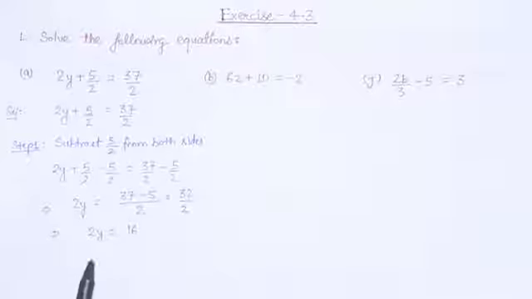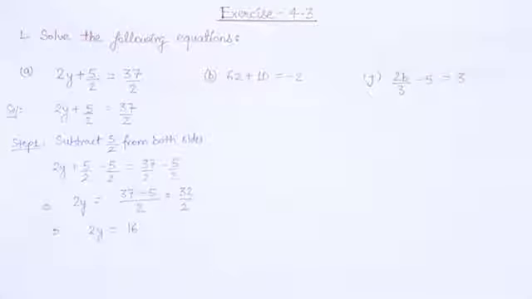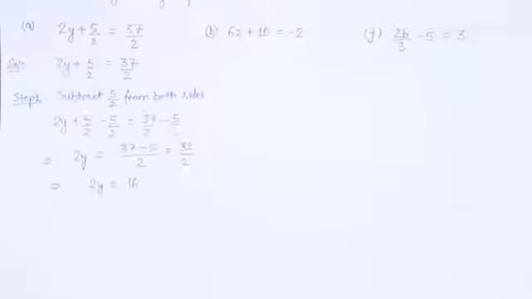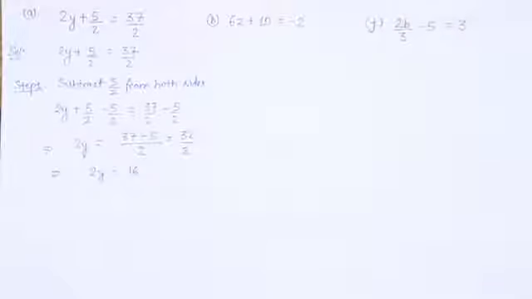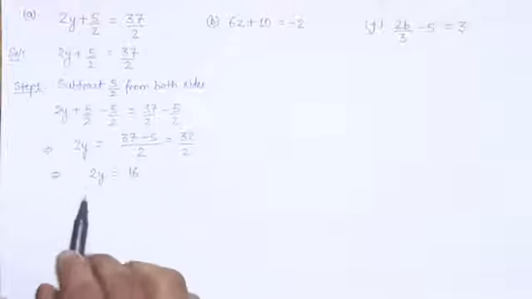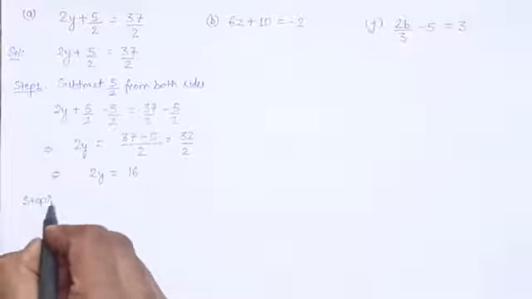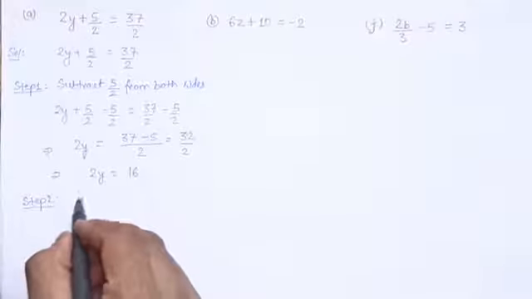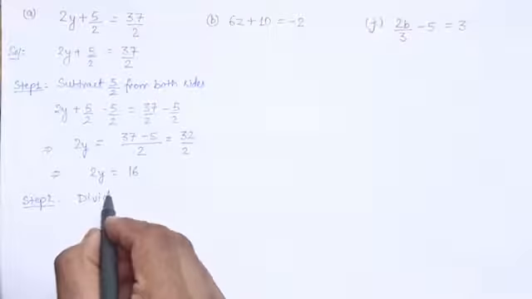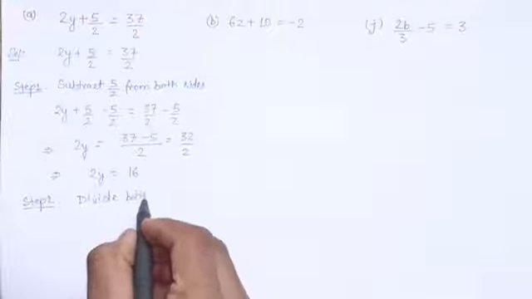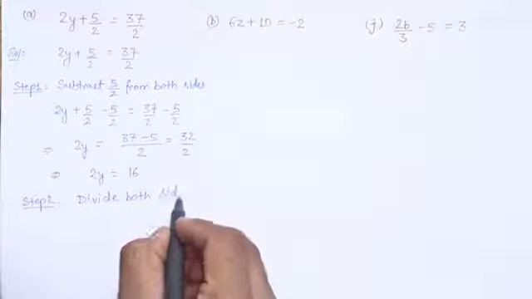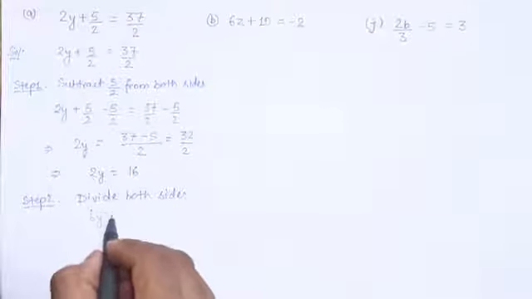But again you can see that in the left hand side we have 2y instead of y. So in order to obtain y in the left hand side, step 2 is that we have to divide both sides by 2.